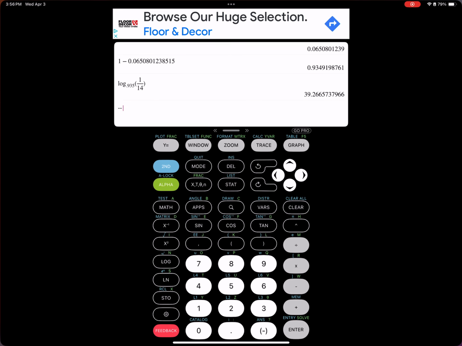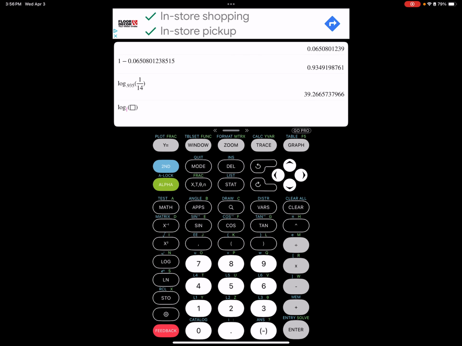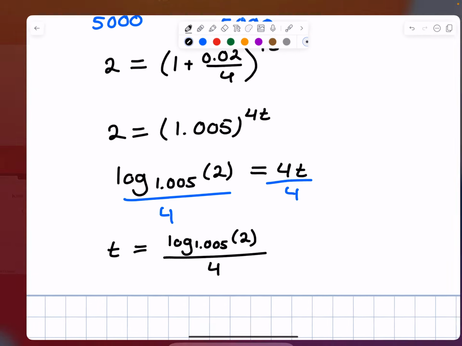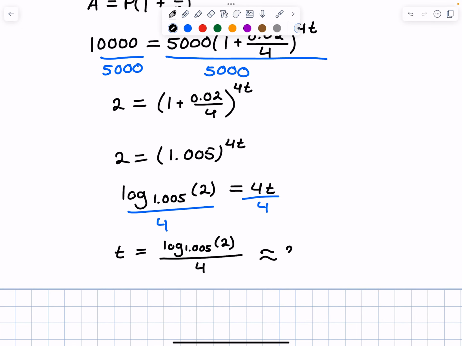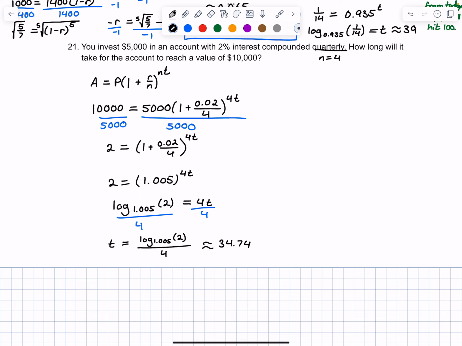And that I can solve in a calculator. So I'll do math log base 1.005 of 2, divided by 4. And I get 34.74. So t is 34.74. This interest is compounded quarterly, and t is measured in years, which means it will take 34 years.